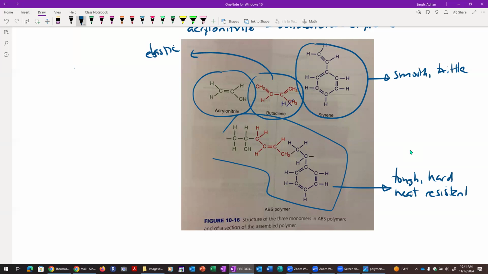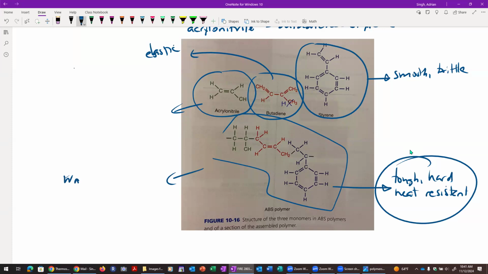And acrylonitrile, the polyacrylonitrile, is durable, hard, and resistant to chemicals. So all 3 of these linked together now give us a polymer that has sort of a combination of those characteristics. We can vary the proportions of those 3 components, and you can tune the physical properties of the material such that this ABS is found in a whole host of different applications.